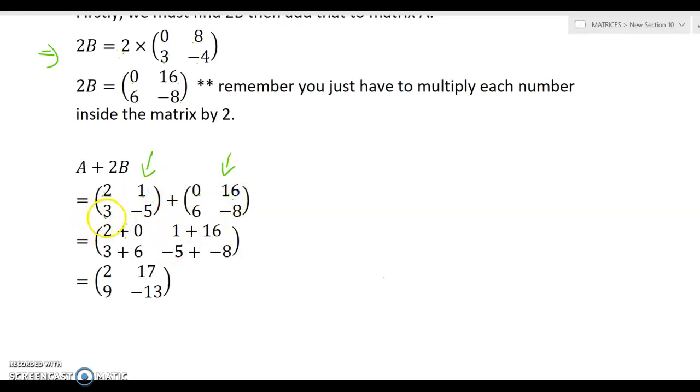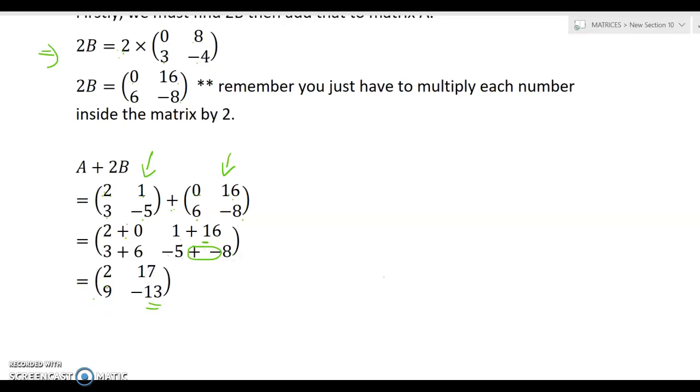And then in the bottom, 3 plus 6, and then minus 5 plus minus 8. Remember, a plus and a minus gives me a minus. This is really minus 5 minus 8, which gives me minus 13. And the rest of the numbers are simple or positive: 2, 17, and 9. So it's not hard to do this.